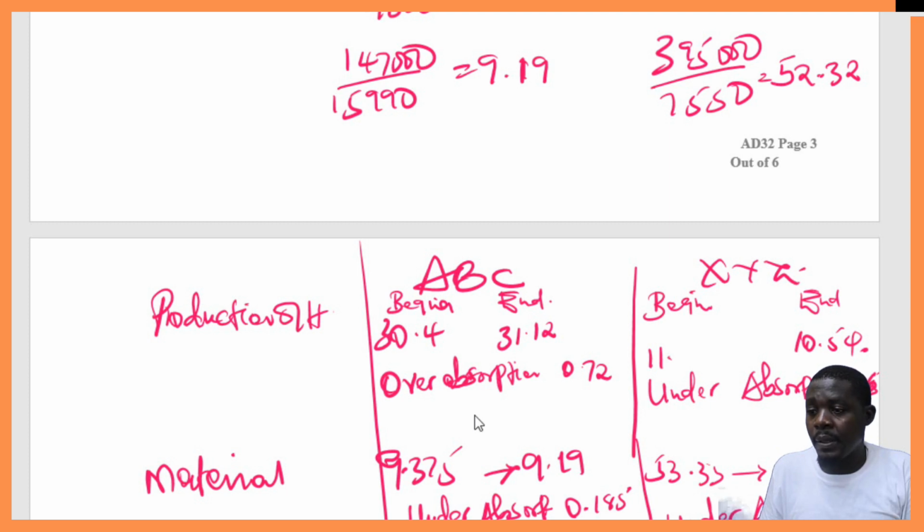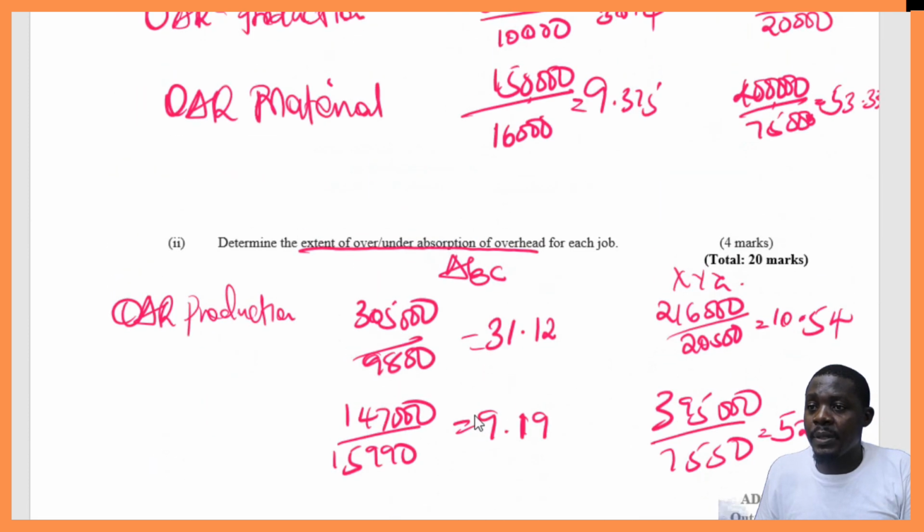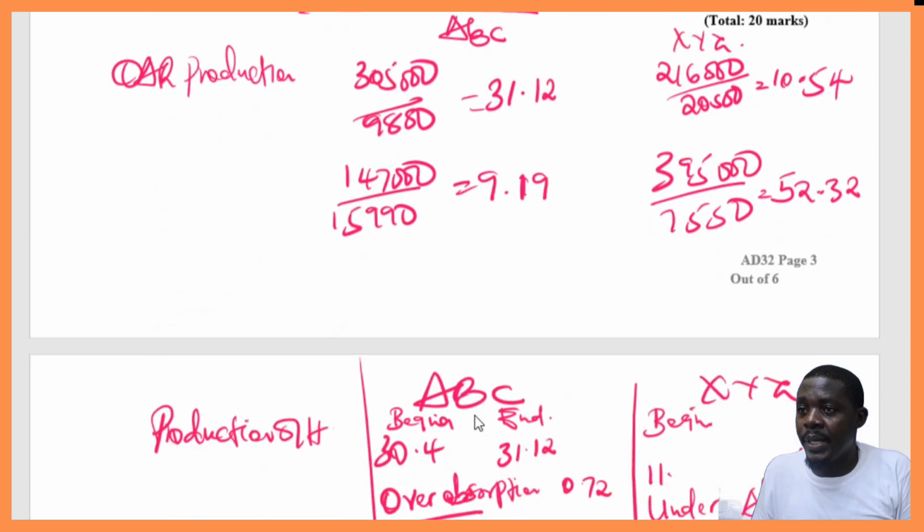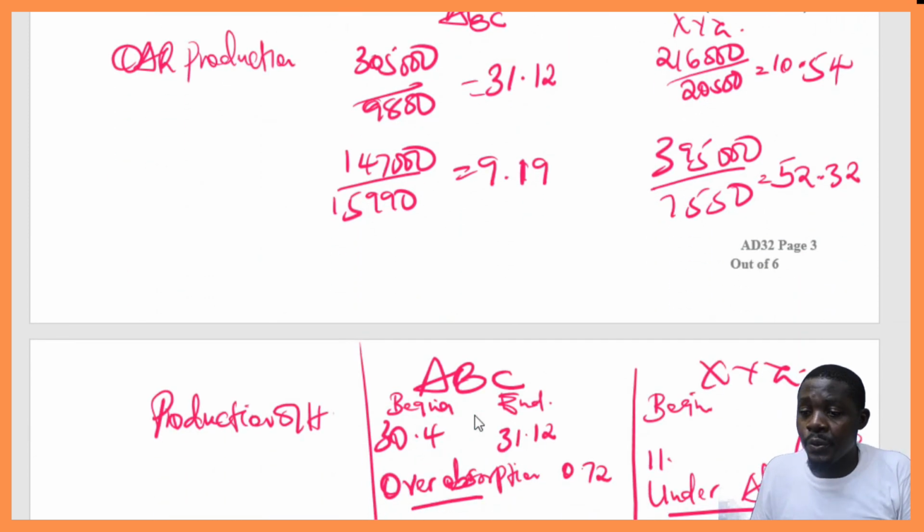That was under absorption. That's what we wanted to determine: the extent of absorption for both jobs XYZ and ABC. That's what you are all to do under question number 3 of August 2023.